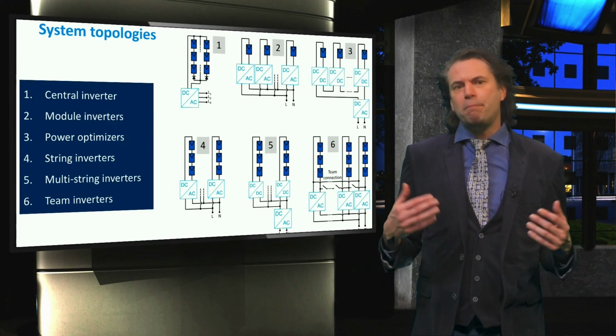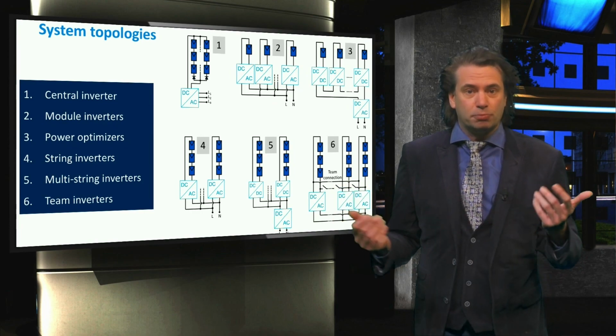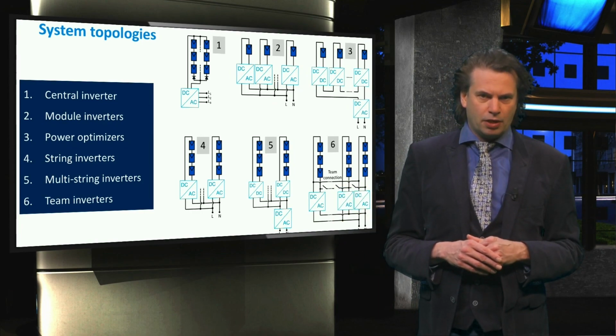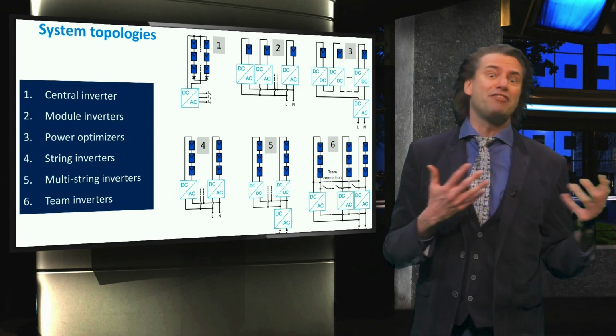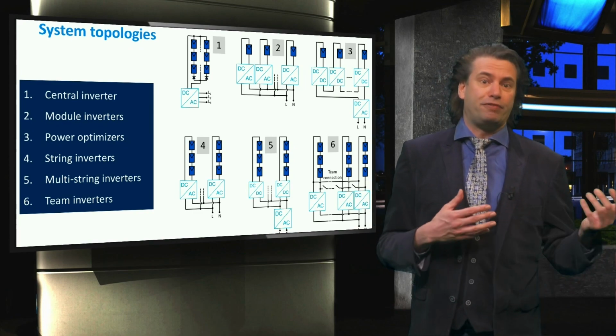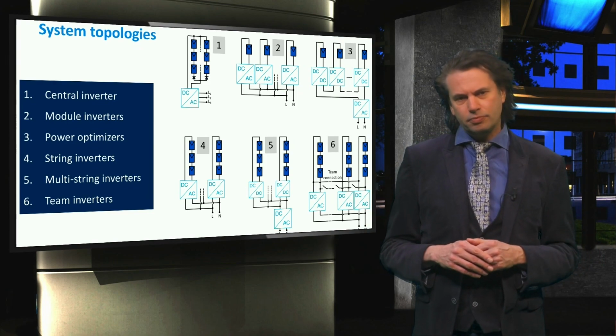Power converters and PV modules can be arranged in different configurations according to the system's requirements. Each of these different system topologies pose advantages and disadvantages in terms of efficiency, rated power, flexibility, and cost.